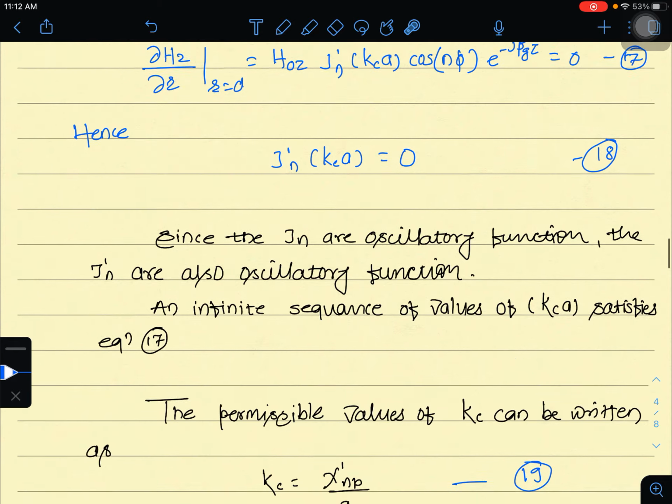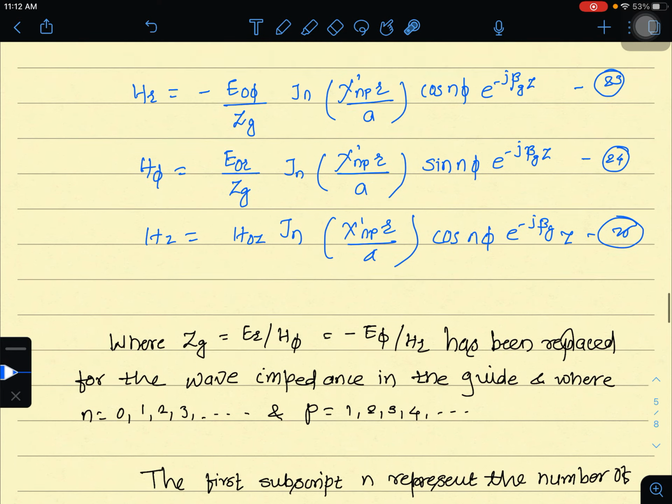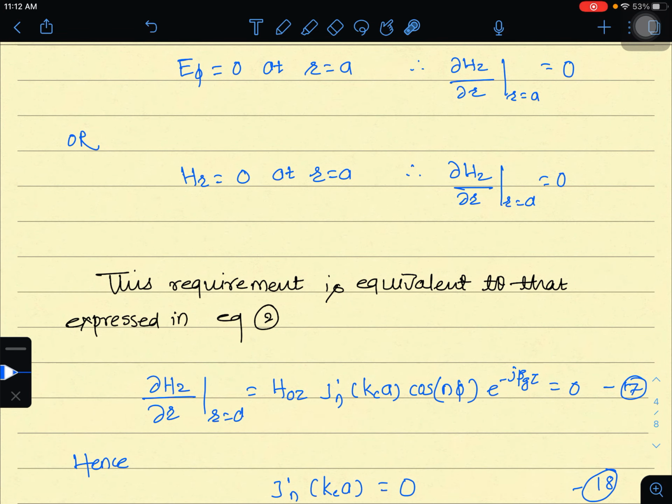Now let us see what is worked. Now in that equation, ∂Hz/∂r is nothing but 0, and this equation is 0 equal to H0z J'n(kc a) cos nφ e^(−jβg z).